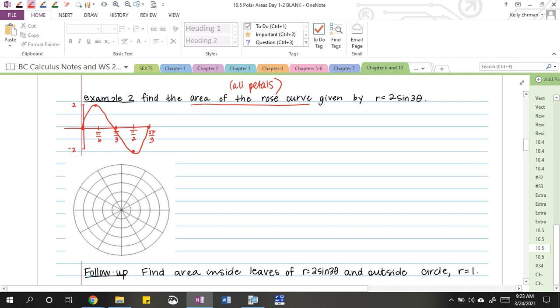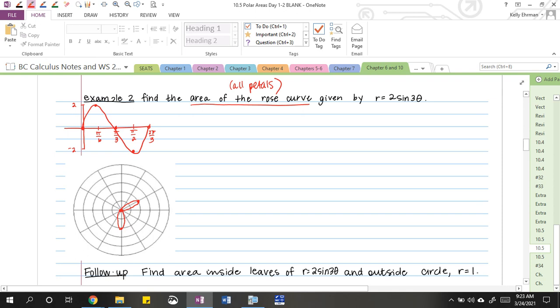All right, so start at 0, face 0 and go 0. Face pi over 6 and go 2. Hit 0 again. Face pi over 2, but go backward 2. Hit 0 again. I can probably guess what's going to happen, but if you need to plot more points, you can.